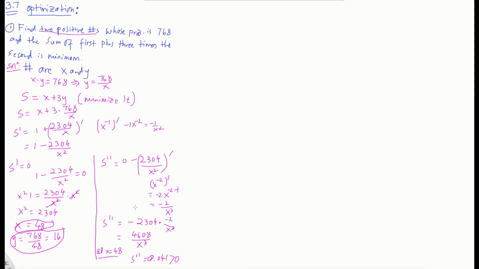Positive means the function s, or the sum, is minimum. If you are asked to find the minimum value as well, you plug in x equals 48 and y equals 16. So 16 times 3 is 48, plus 48 will be 96. So s will be 96, but the question did not ask.